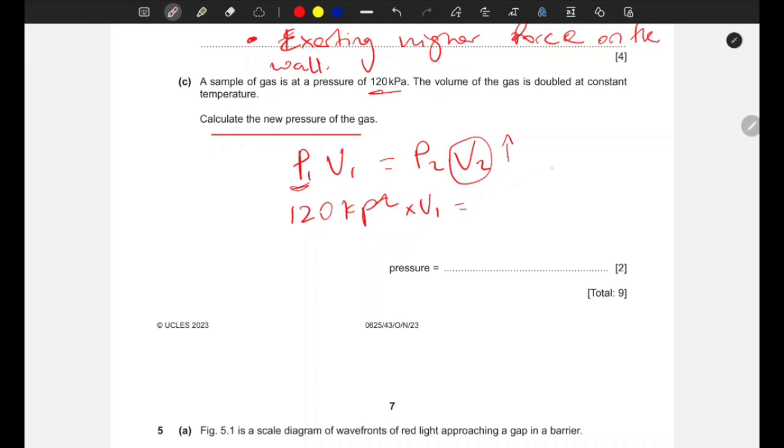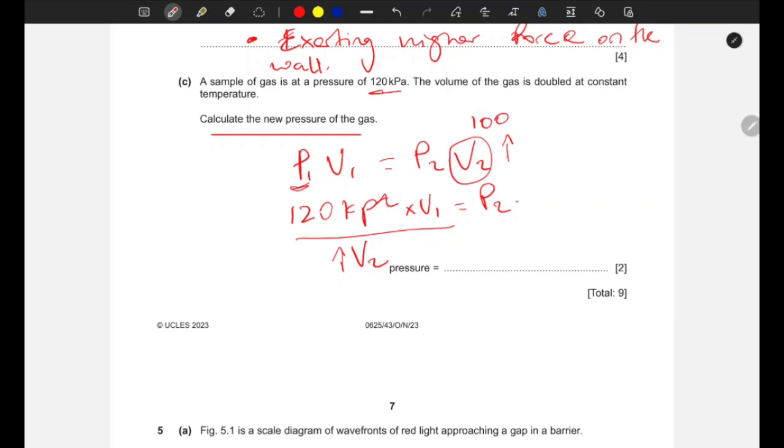So when we rearrange the formula, our P2 would be P1 V1 divided by V2. So if this doubles, that means the pressure would be divided by 2. So let's take V2 to be, let's say, 100.